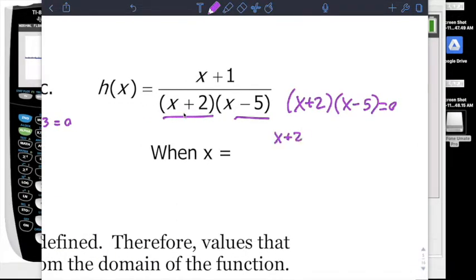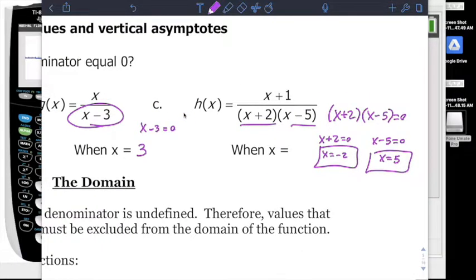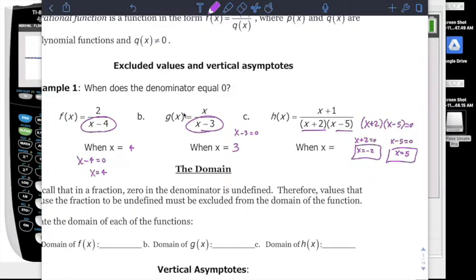You can say x plus 2 equals 0, which means x is equal to negative 2. And then you can do x minus 5 equals 0, which means x equals positive 5. So there are two different vertical asymptotes on that one right there.